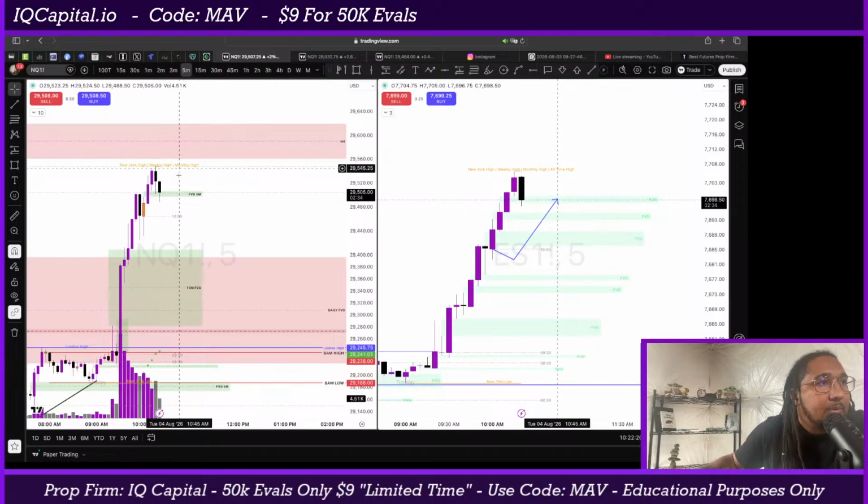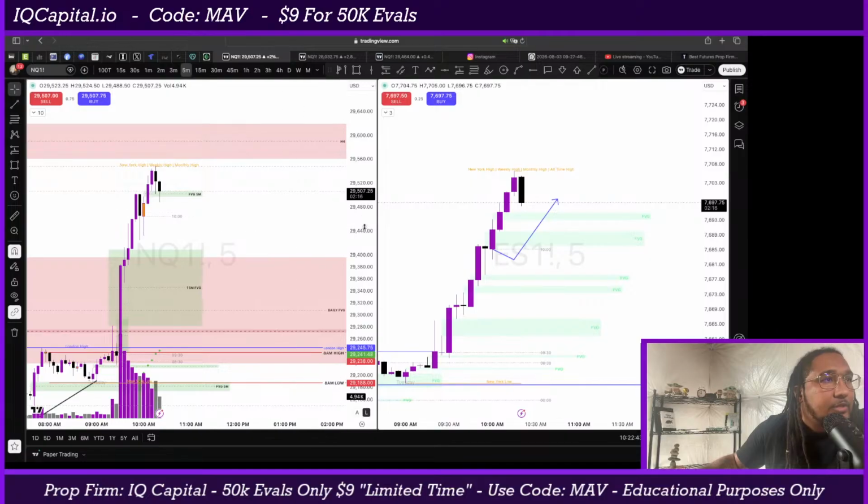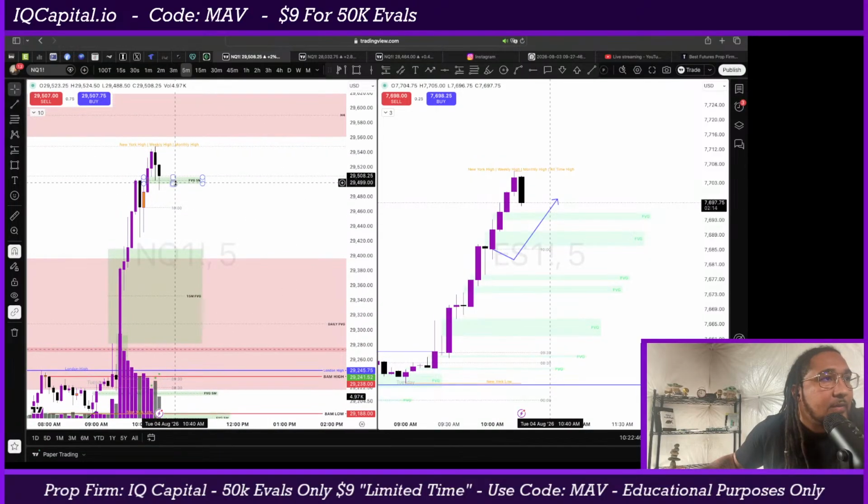I would like to see that before heading lower on this pullback. We still may head higher to tap into that inefficiency before heading lower for a deeper pullback. But we'll see if we respect this 5-minute fair value gap.